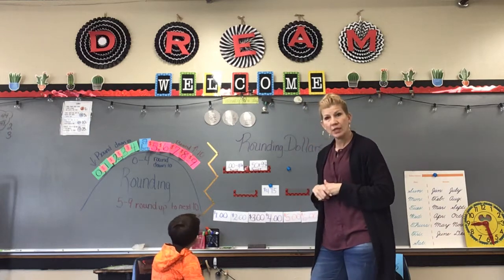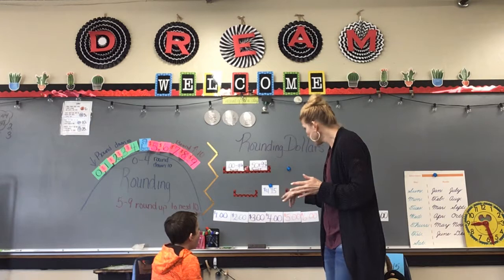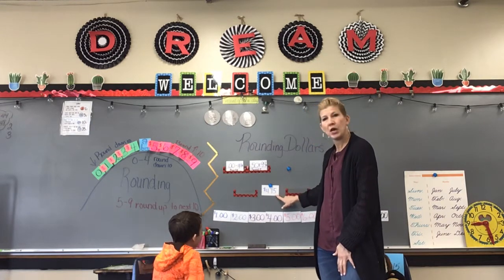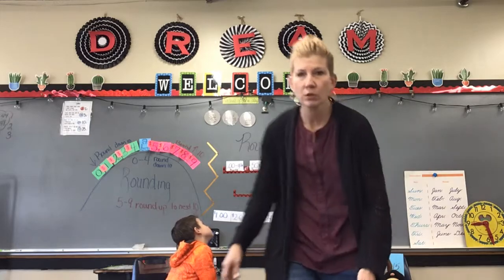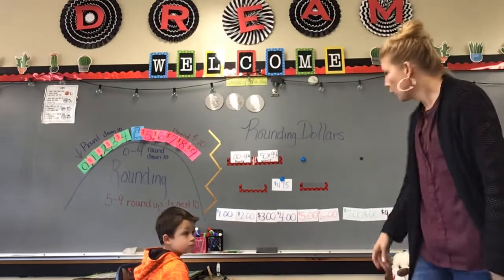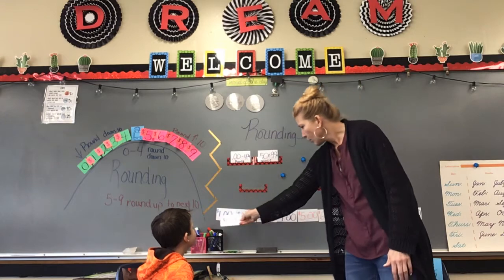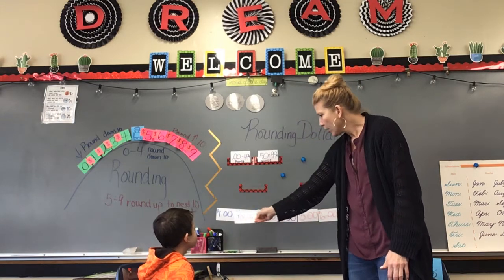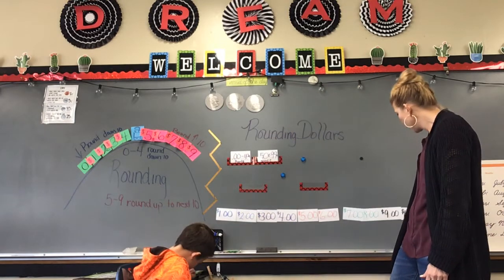All right, so the first thing that we do, just like when we round in the tens place, we look at our number. So here's our dollar amount. We have $4.15. So the first thing Ben is going to do is see where he would find $4. I have dollars here, 1 all the way to 10.